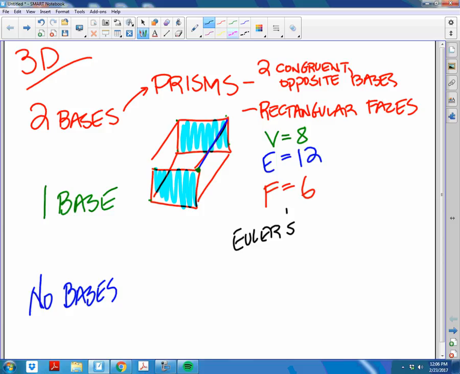The formula says that if you take the number of faces and add the number of vertices and subtract the number of edges, the answer will always be 2.